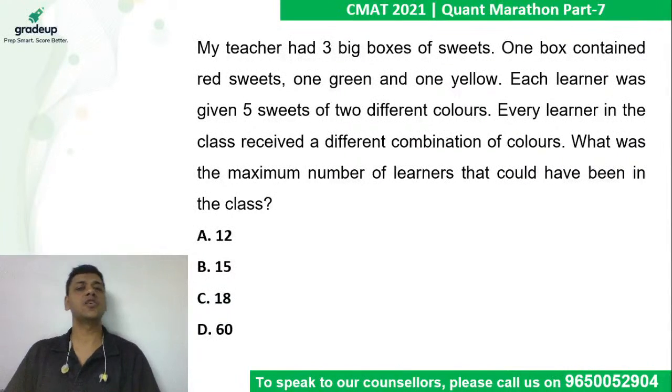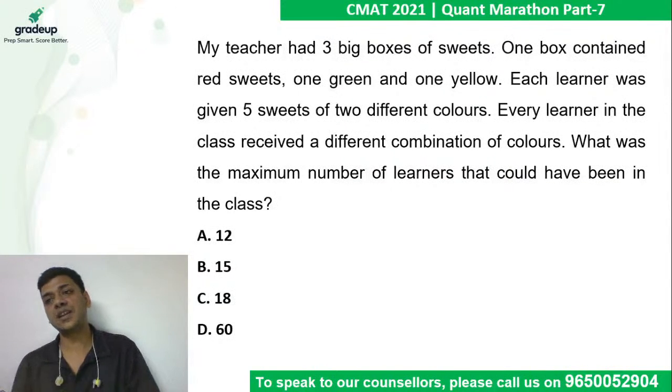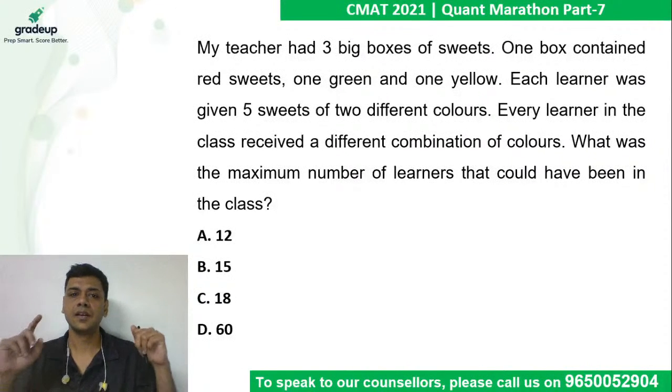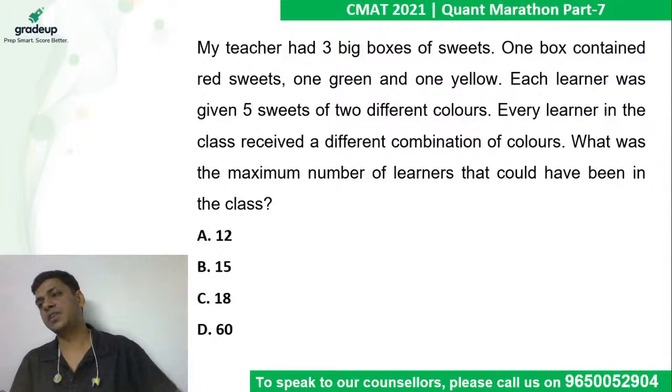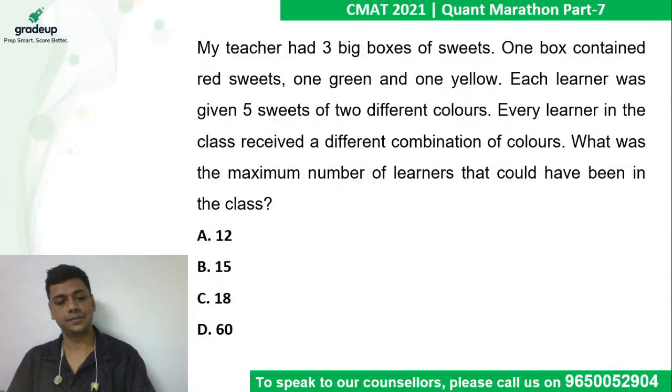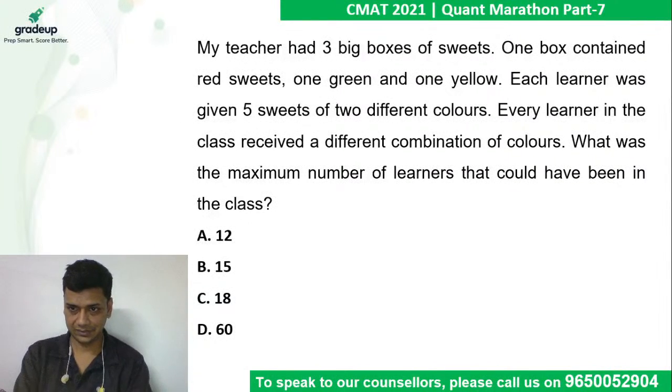Each learner got only 2 colors, 5 sweets of 2 different colors, and each and every learner got a different combination. What is the maximum number of students who can be there? Is the question clear? Anyone who could not understand the question?